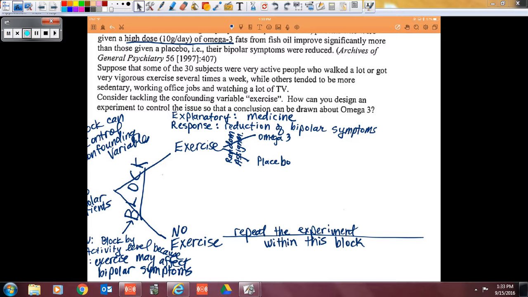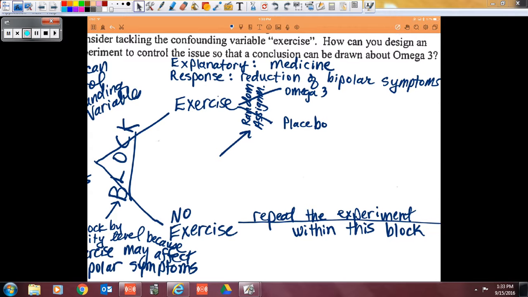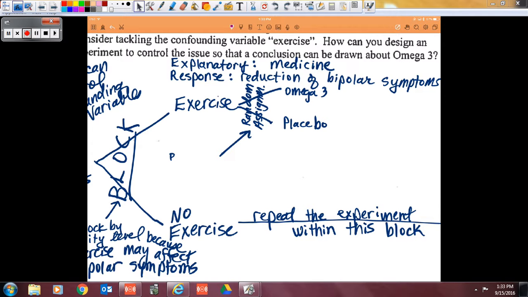Do I know how many are going into each one of those groups? No, it will be half of the exercisers. So that's what I'm going to explain here. So here I have random assignment. So what do I put? I say, good. Let me do this in a different color so that you can see it clearly. Put all exercisers in a bag.